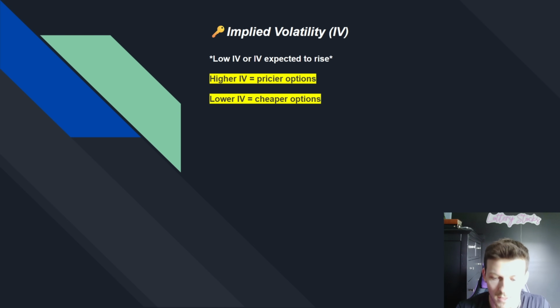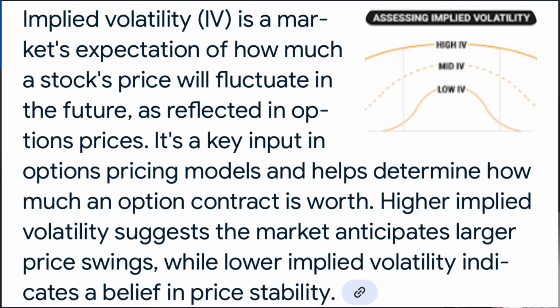Next, implied volatility. These two are non-negotiable. There's some that I'm going to give you that are negotiable, and then some that go in tandem, and then some that kick the other Greeks out of the water. Which this isn't one of the Greeks for the options, but you want to look at the IV, implied volatility. Put very simply, if IV is too high, I wouldn't even touch the contract.